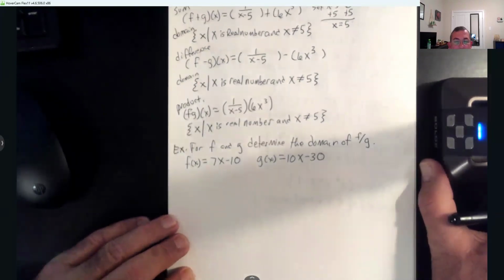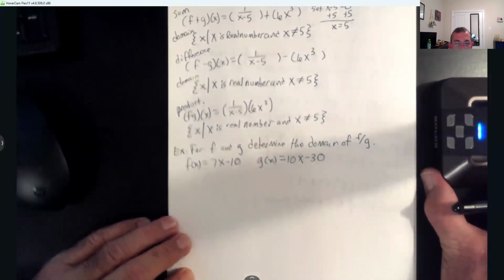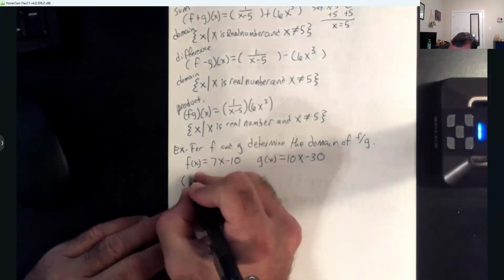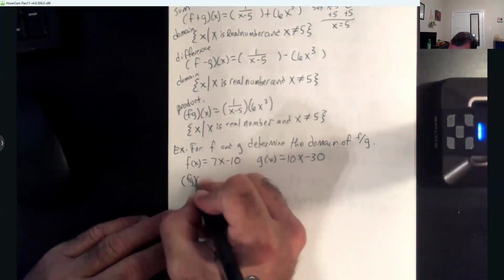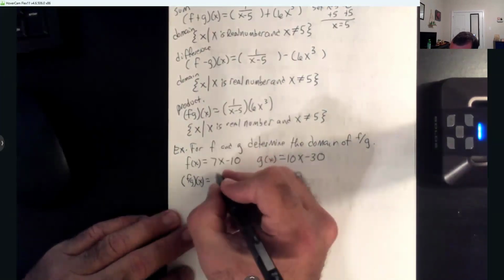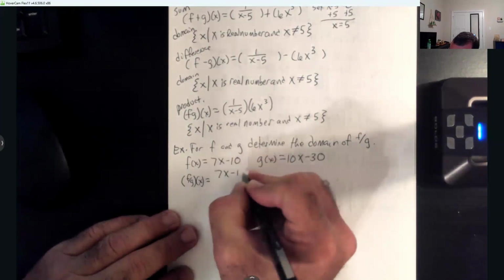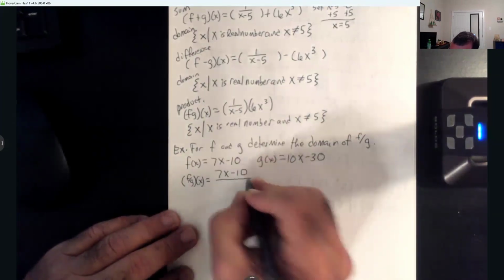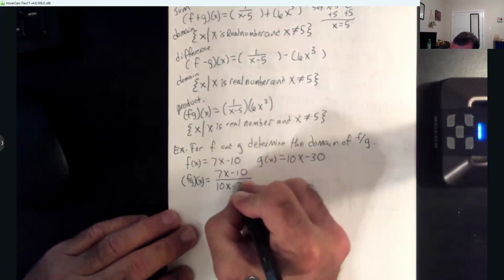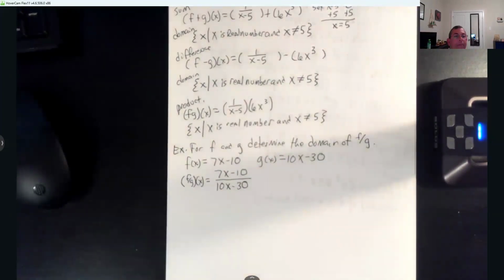All right, so I'm going to set it up, and then y'all can actually tell me what the domain is, okay? So we're doing f divided by g of x. So my f will be on top, which is a 7x minus 10. That'll be over my g on the bottom, which is a 10x minus 30.